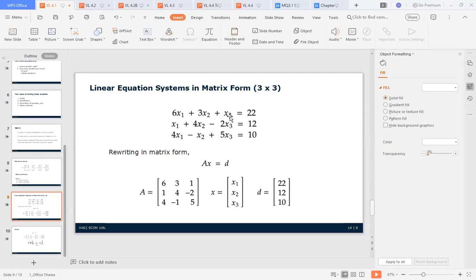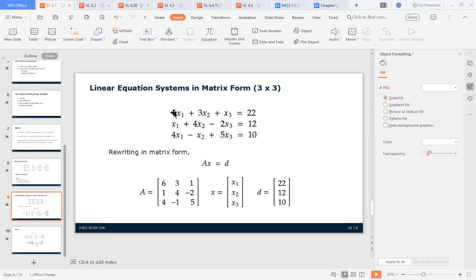So that's 6, 3, 1, 1, 4, -2. We have 4, -1, and 5. So 6 is A11, 3 is A12, and so the placement there should be properly defined as in the position of A12. So the placements are again fixed and they cannot be changed or altered, because if they do, you will arrive at a different answer.